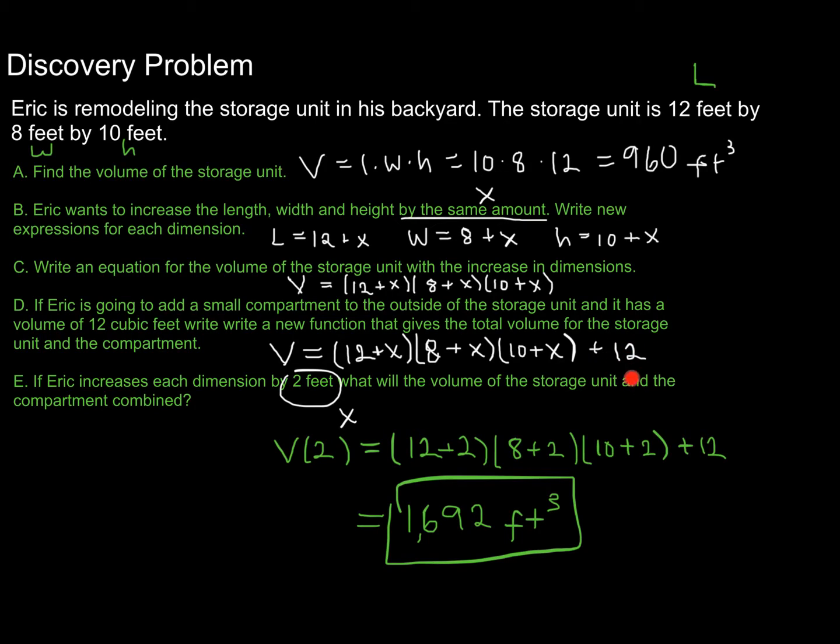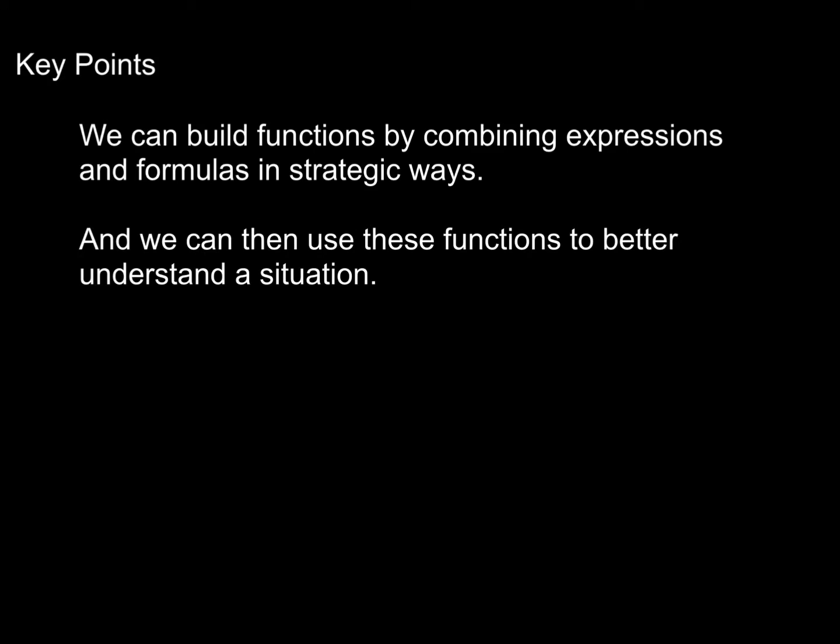For example, I added in this 12 to account for the extra compartment. And then I can analyze the situation by plugging in certain values for my variable and finding the corresponding volume in this case. So this is the big key point that we want to take away. So these are the key points. First, we can build functions by combining expressions and formulas in strategic ways. And we can use these functions to better understand a situation.